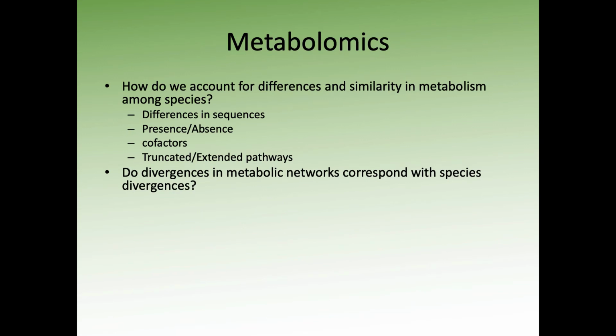So going back to these questions that we had identified earlier: how do we account for the differences and similarities in metabolism among species, and do divergences in metabolic networks correspond with species divergences?